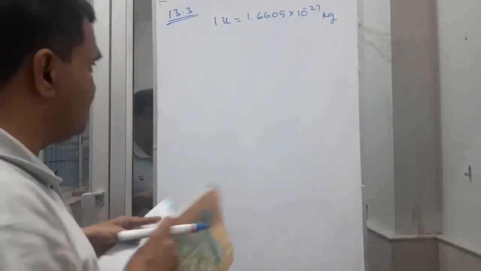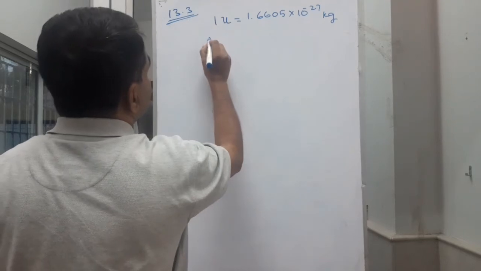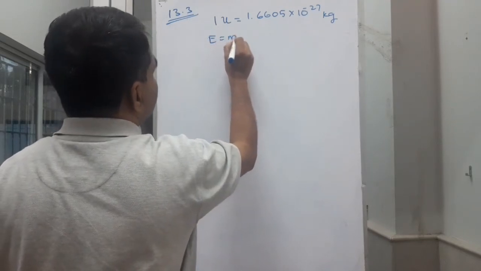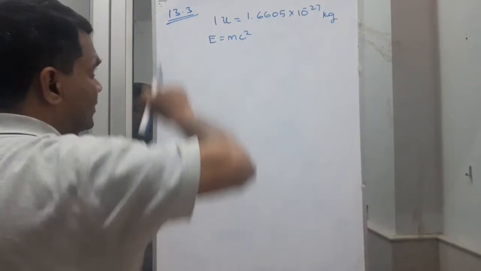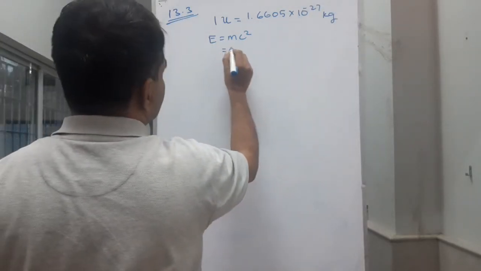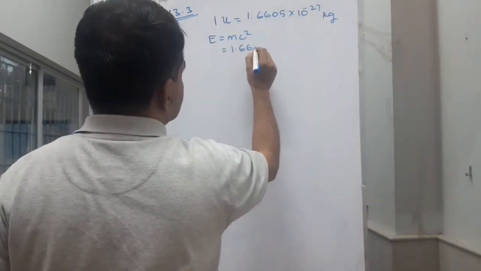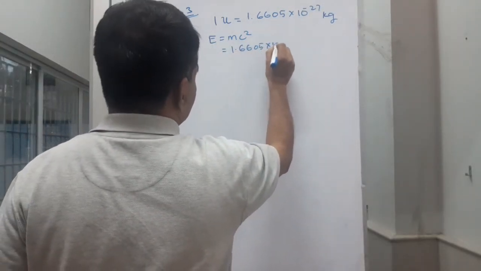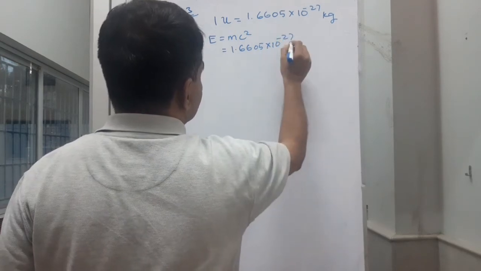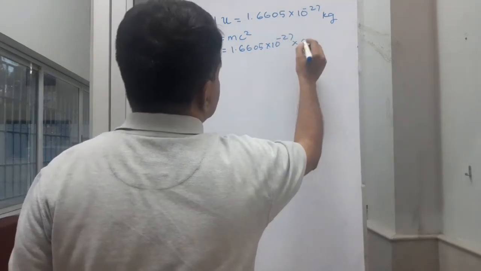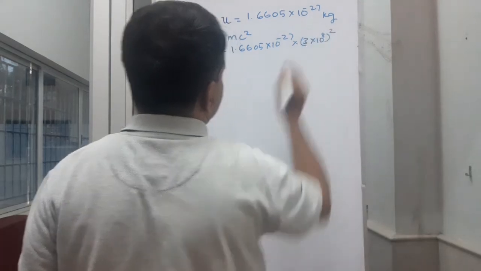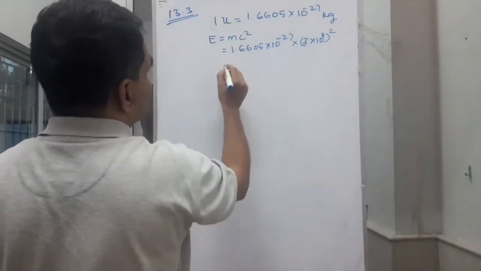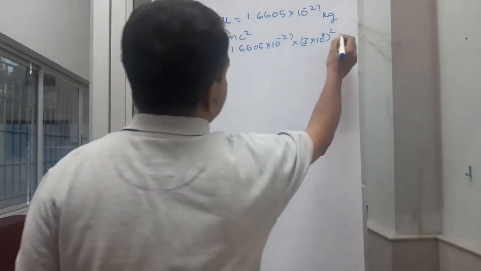Okay, so you know that E is equal to mc squared. So we're going to convert all of this mass into energy. So that's going to be equal to 1.6605 into 10 power minus 27 into c squared, 3 into 10 power 8 the whole square. So many joules, right?